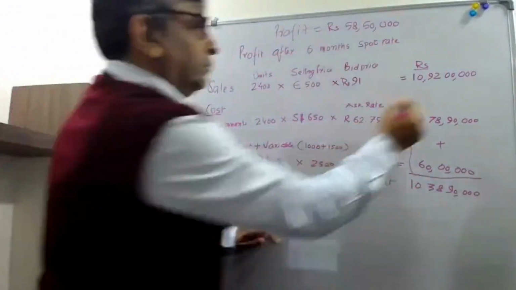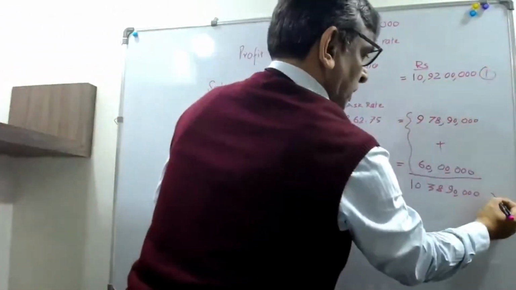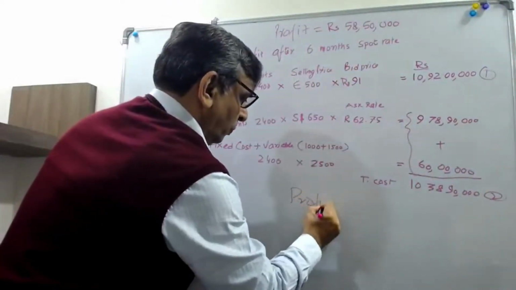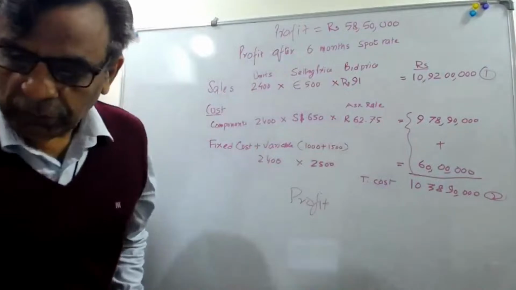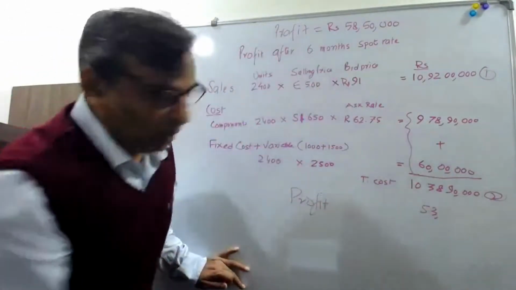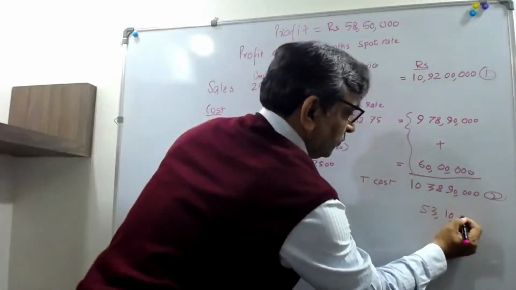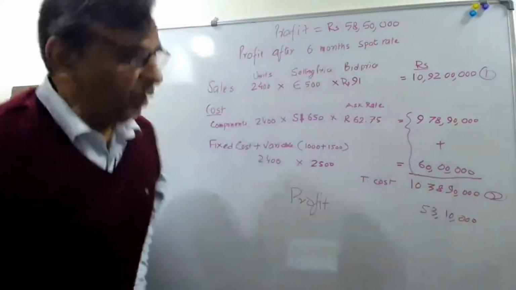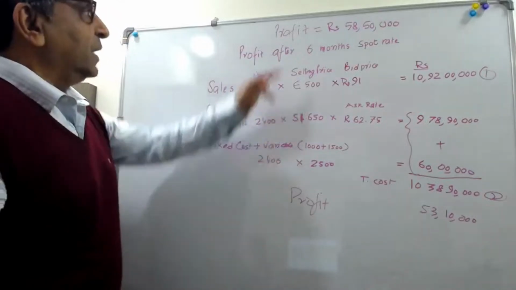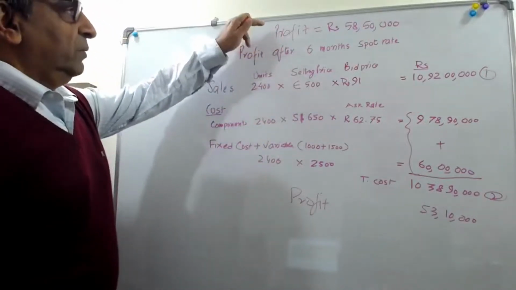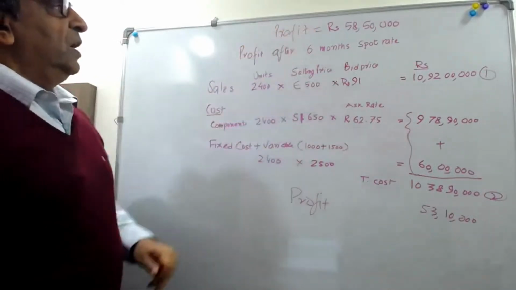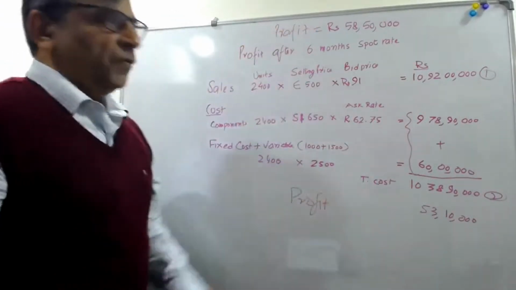Fine. If we take this figure and this figure and calculate his profit, it comes down to 53 lakhs 10,000. So when he finally gets his profit, it is 53 lakhs. At the time when he was exporting his goods abroad, the profit was 58 lakhs 50,000, and now it is 53 lakhs 10,000.